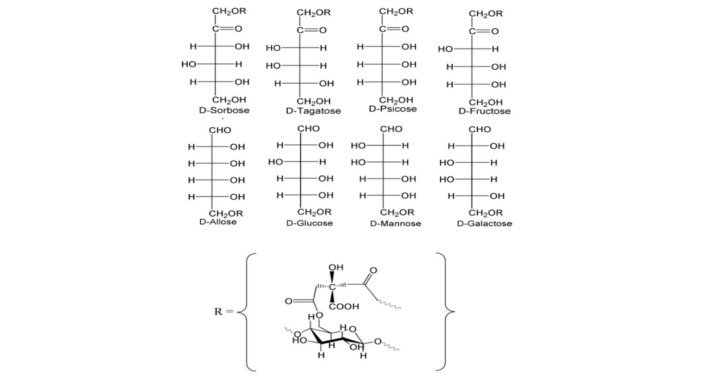Here the structures are given of ribose, tagatose, psicose, D-fructose, D-allose, glucose, mannose, galactose. You can see mannose also has an aldehyde. Fructose is a ketone. These groups contain ketones. These groups contain aldehydes.